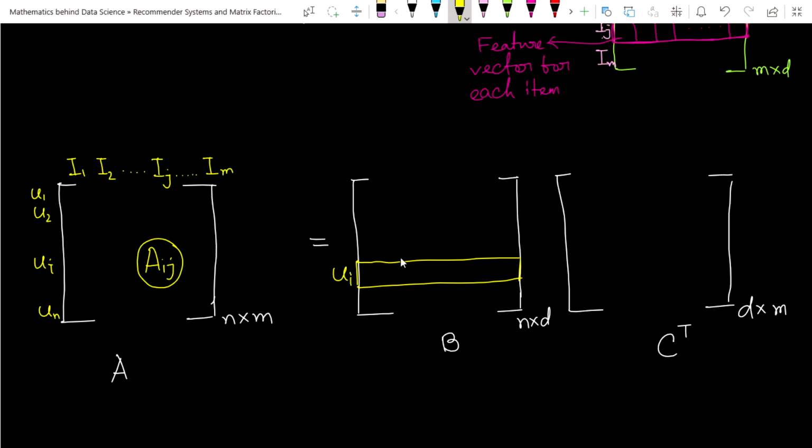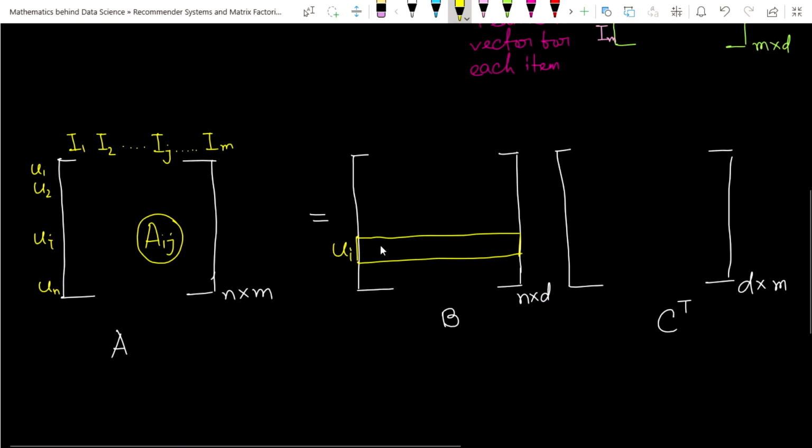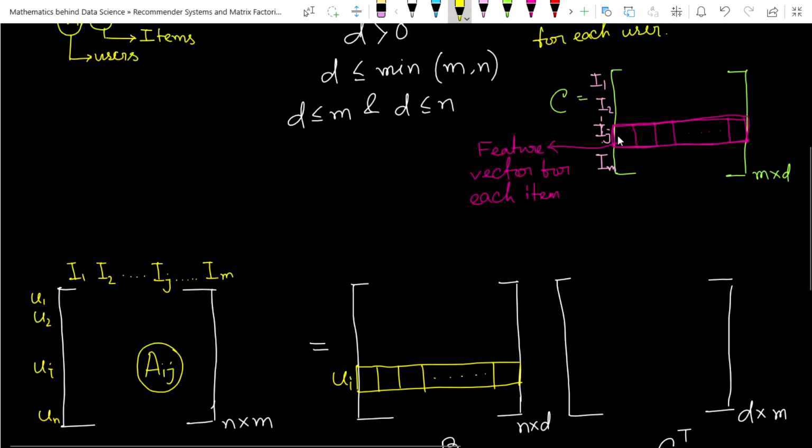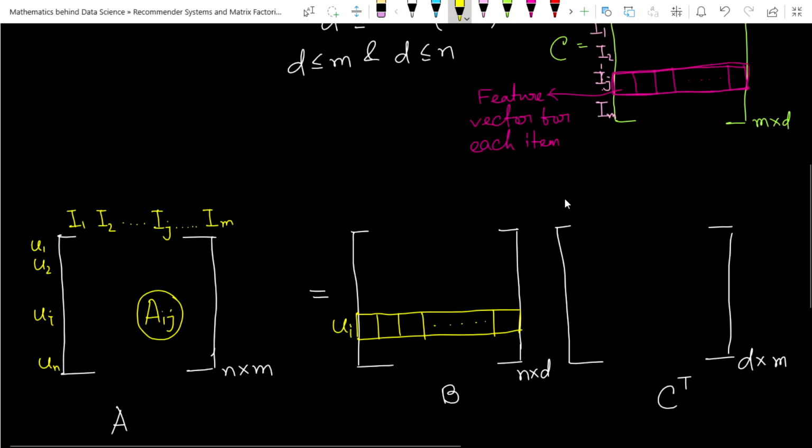This is the features vector of the i-th user. These are the d-dimensional features vector of the user, because we have d-dimensional columns. And in C transpose, we have seen that this is for each item.